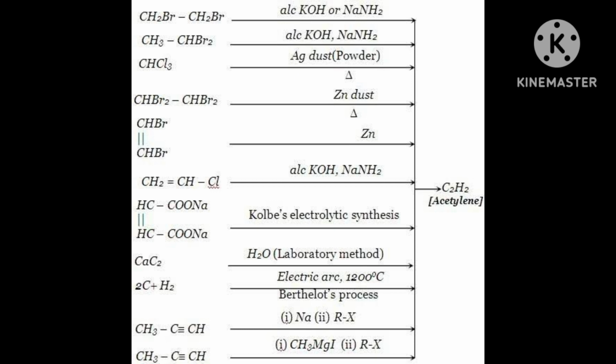These reactions are not shown by alkenes and alkanes, hence they are used for distinction between alkynes, alkenes and alkanes. By this reaction you can easily distinguish where the triple bond is, which one is an alkyne.